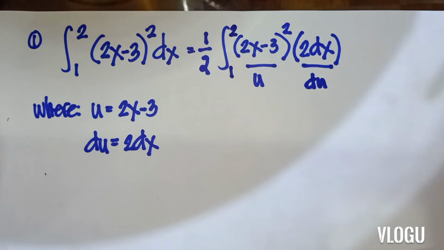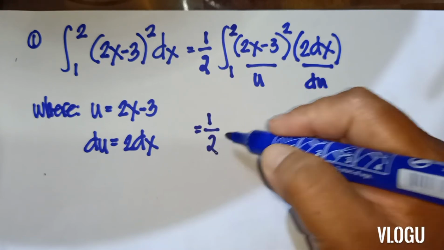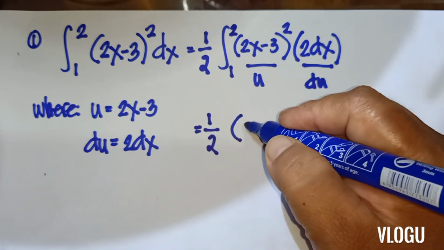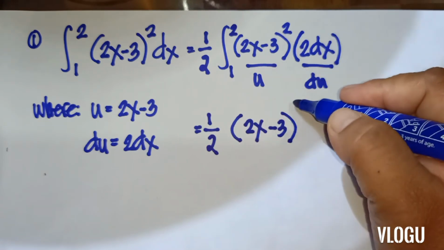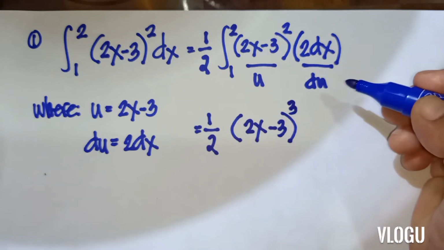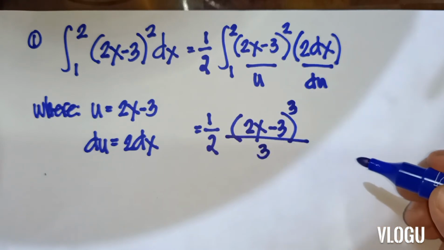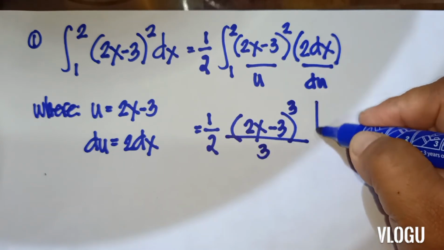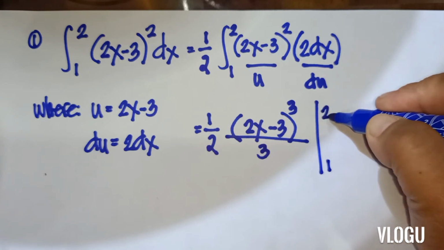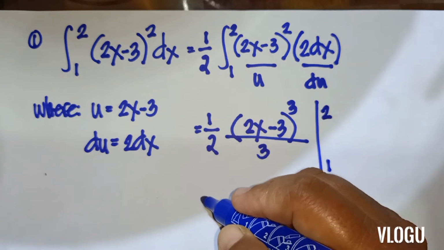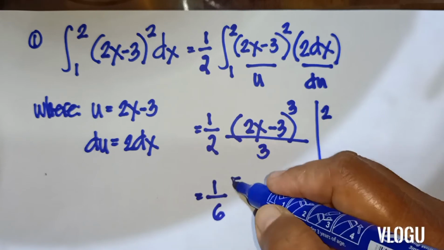So therefore, we will have 1/2. Okay, so you will have 2x minus 3, and the exponent is 2 plus 1, that is 3, over 3. So we evaluate that from 1 to 2. We have here 1 over 6.